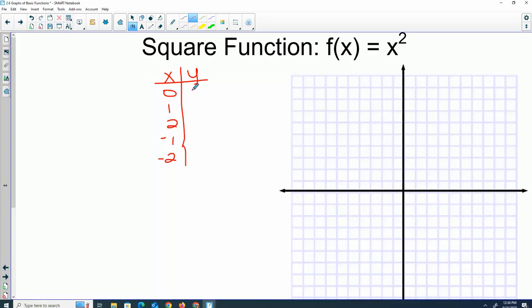0 squared is 0. 1 squared is 1. 2 squared is 4. Negative 1 squared, negative 2 squared. Plot those.